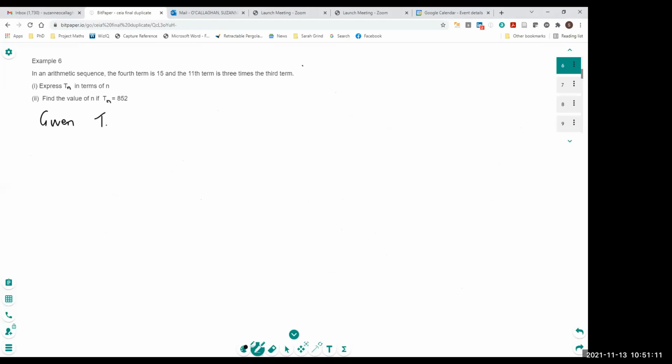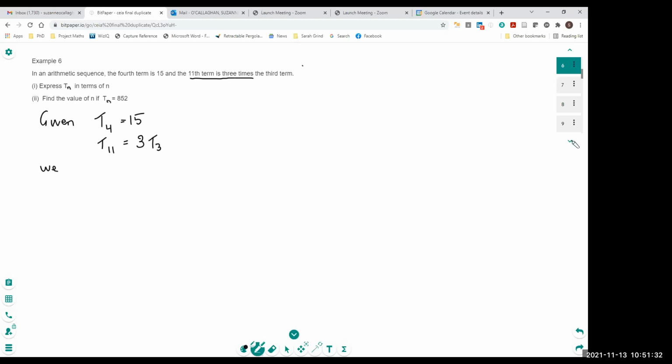So we're given that t of 4 is equal to 15. And we also know that t of 11 is 3 times the third term. So it's 3 times t3. So this is all that we're given.